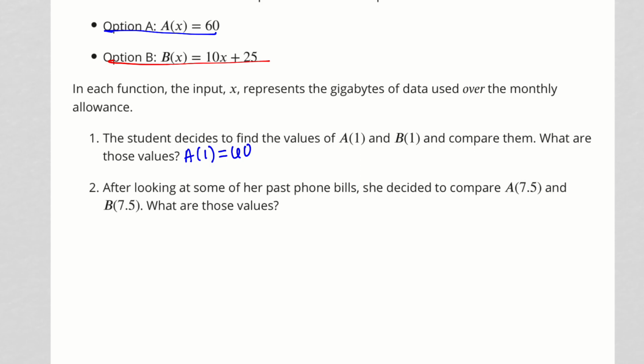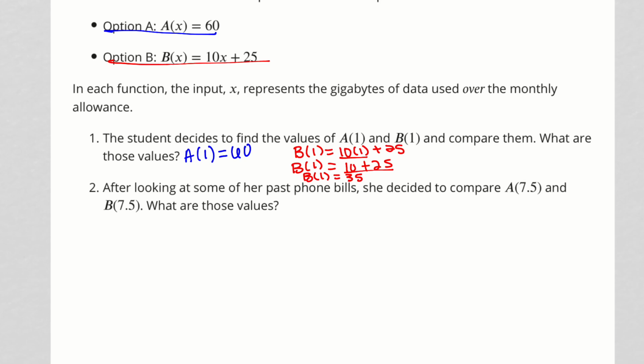That's it. Option B, so we're going to have B of 1 equals 10 times 1 plus 25. So then we're going to do 10 times 1. We're going to get 10. Drop down our 25 and the B of 1. Then we're going to add 10 and 25 and get 35. So B of 1 equals 35.